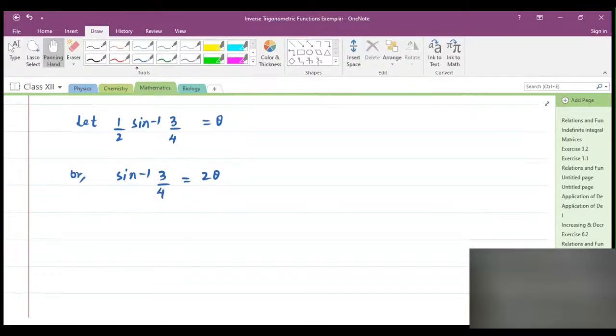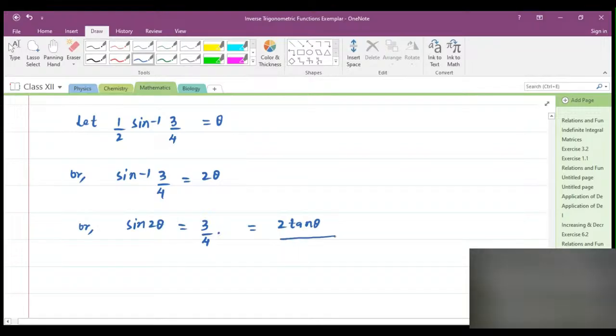Therefore here will be sin 2 theta equal to 3 by 4. So we convert this one into tan theta. Then we know that sin 2 theta equal to 2 tan theta by 1 plus tan square theta.